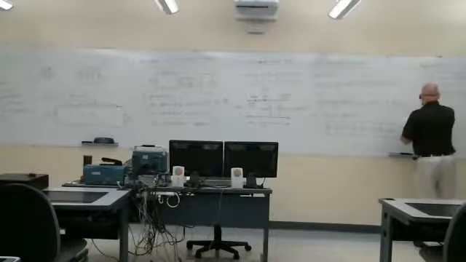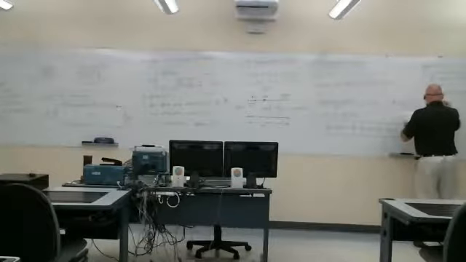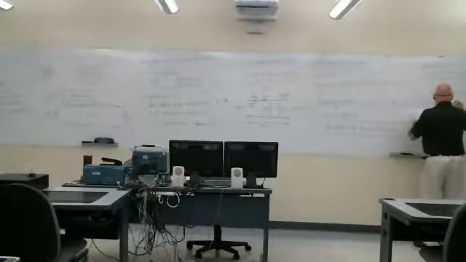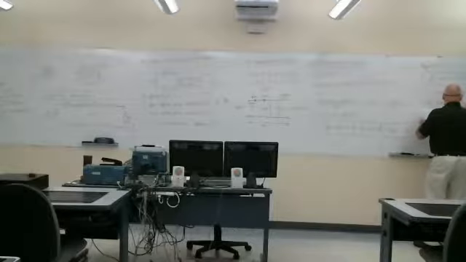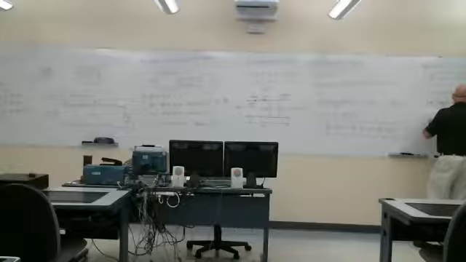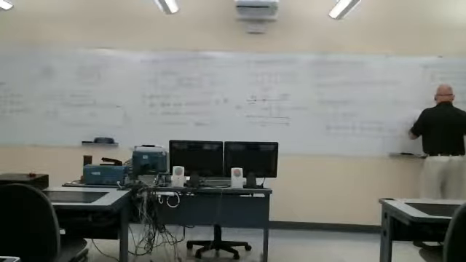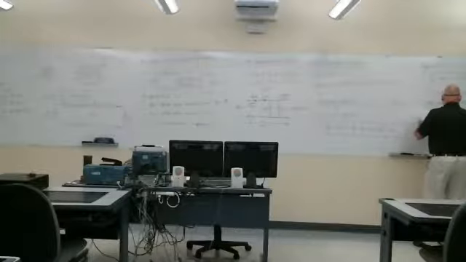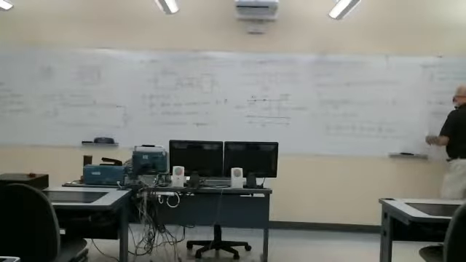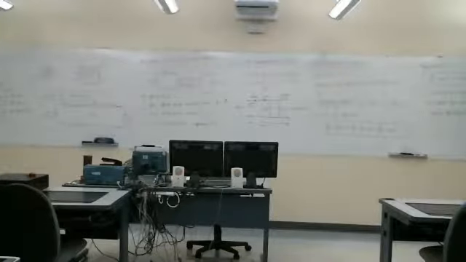They simplify if V(z,t) and I(z,t) are sinusoids. Then we can write V(z,t) as the real part of V bar(z) e to the j omega t, where V bar(z) is our phasor.